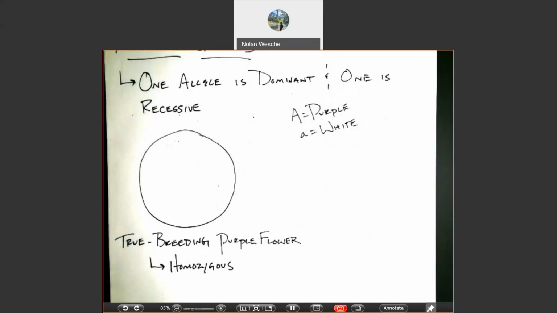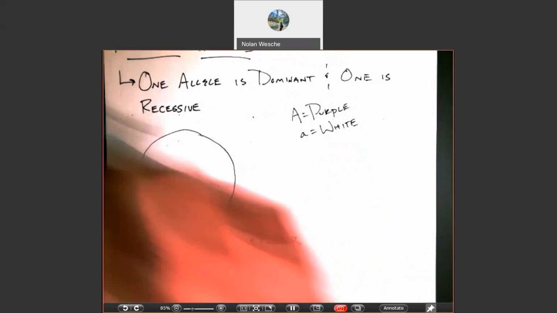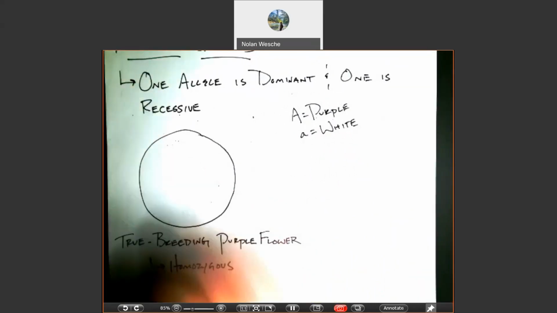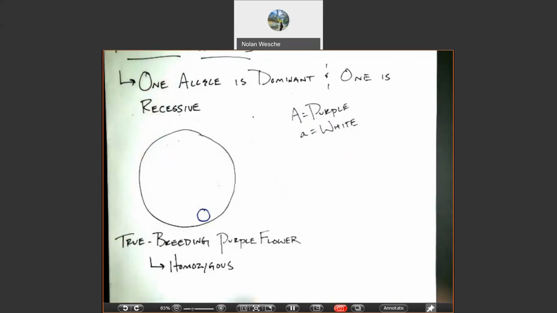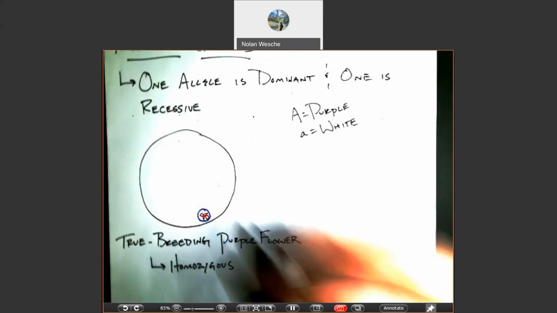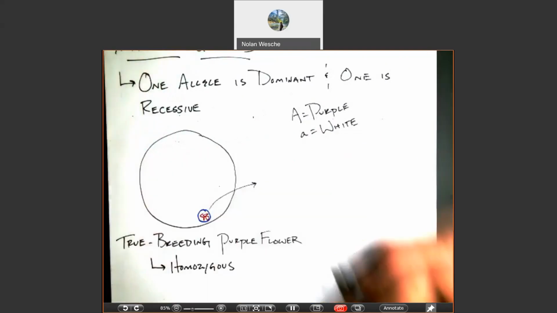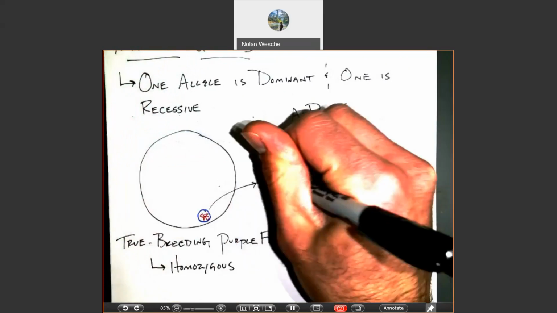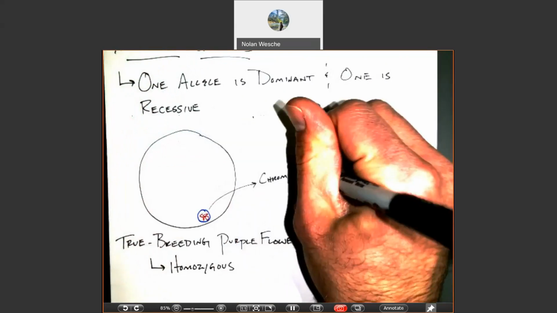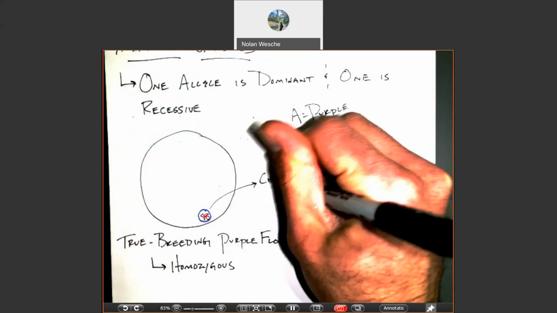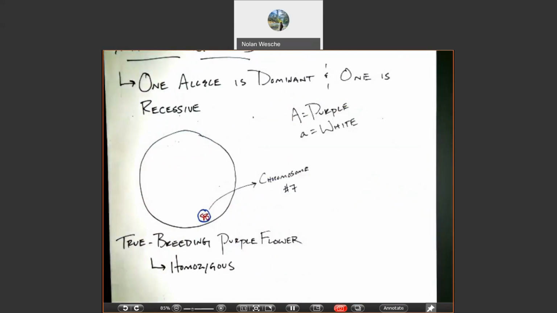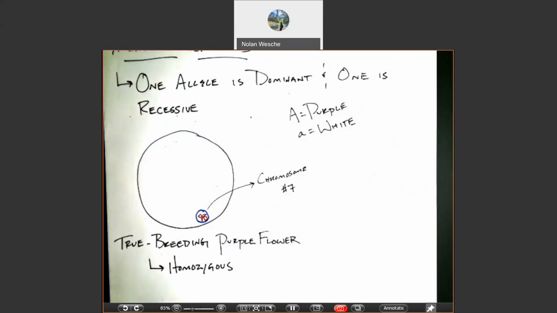There are, I believe, 17 chromosomes in a pea plant. Here's the nucleus, here's the DNA. What we are going to do is pull out this chromosome, chromosome number 7, and look at where the allele for flower color resides.